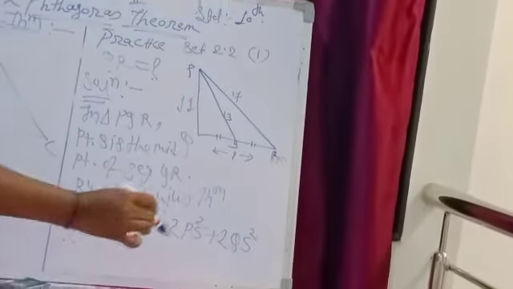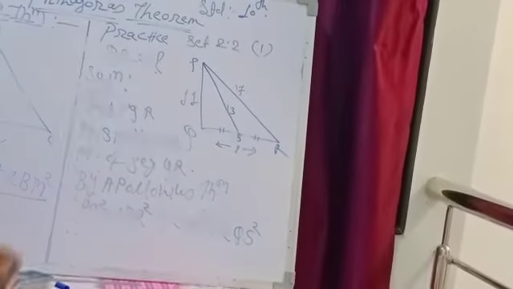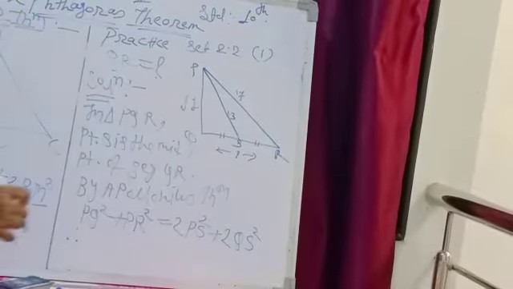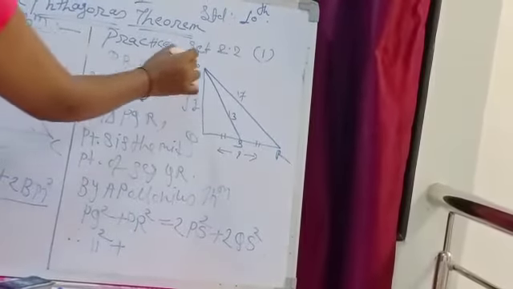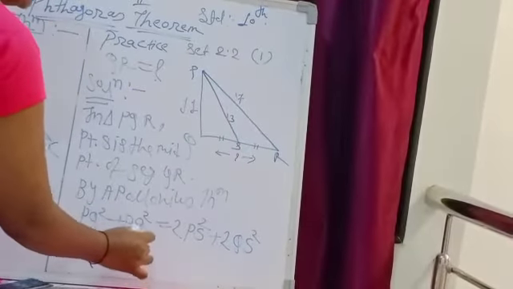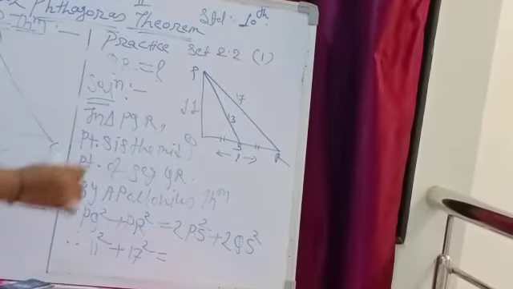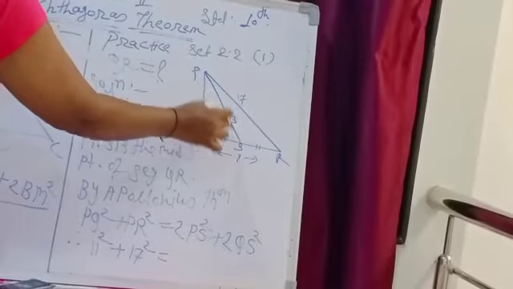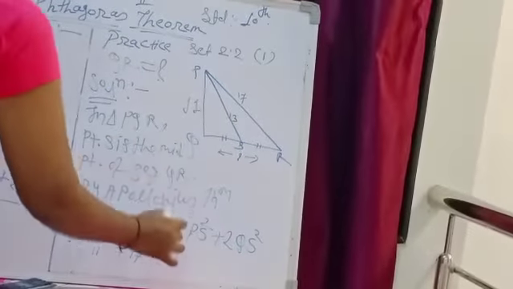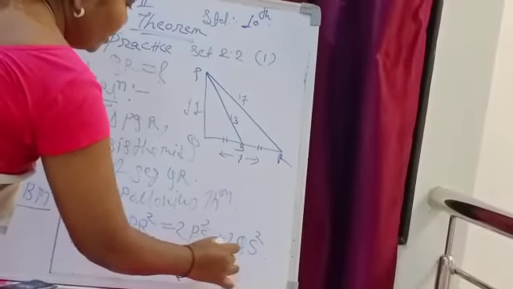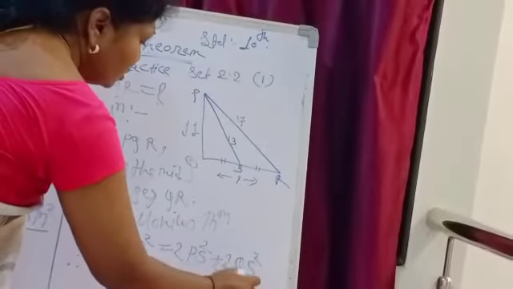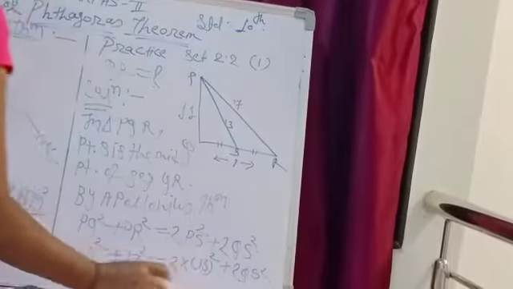Put the values in this equation. PQ is 11, therefore 11 square plus 17 square is equal to twice PS square. The median value is 13, therefore 2 into 13 whole square plus twice QS square.